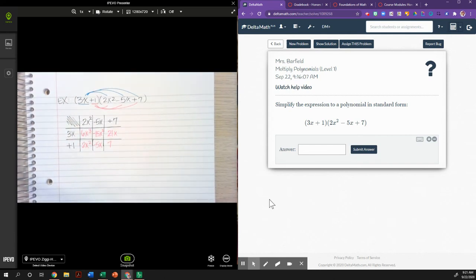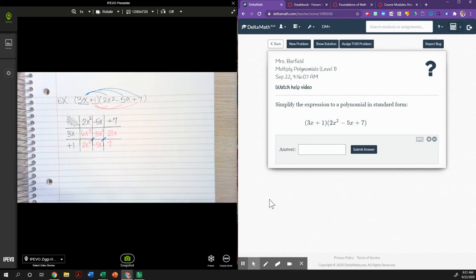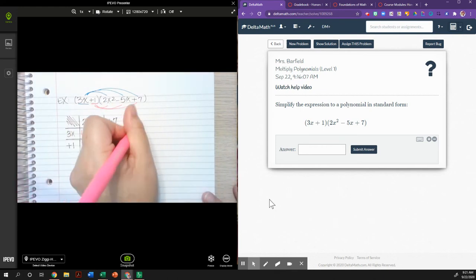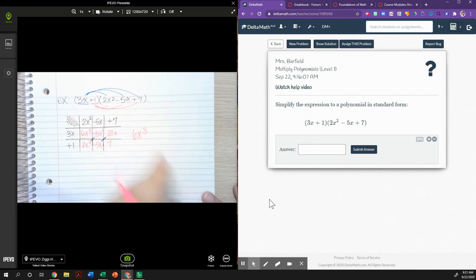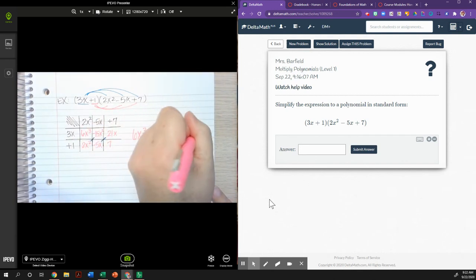Okay. Now, when I combine like terms, they should be located in the diagonals, if you've set everything up right. So my like terms are here in these diagonals. So 6x to the third is on its own. So 6x to the third. Negative 15 plus 2, that's going to be negative 13x squared. 21 minus 5, that's going to be 16x, and then plus 7.